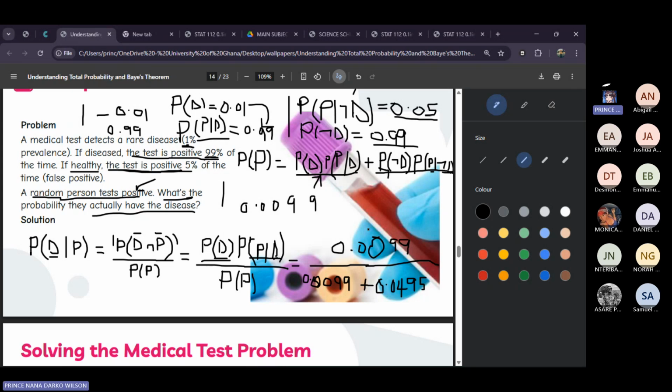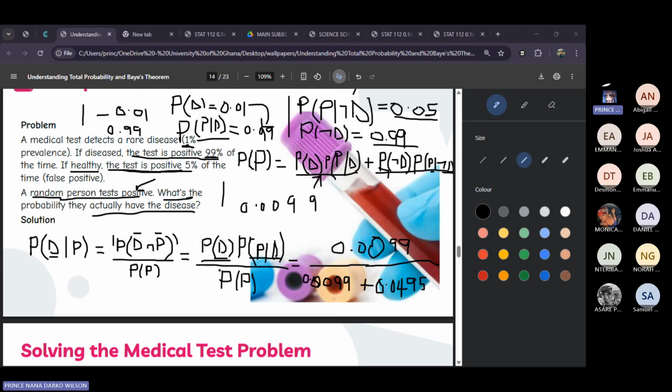So please, what's our answer? So that would be 0.1666.